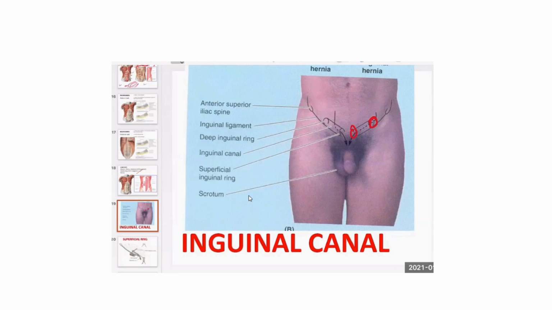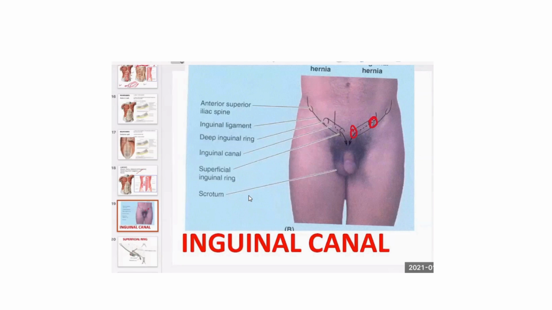Only these three muscles. It's an oblique passage on the lowermost part extending from superficial inguinal ring to deep inguinal ring. Superficial inguinal ring is on external oblique aponeurosis. Deep ring is present on the aponeurosis of transversalis fascia. It is a fascia present deep to the third muscle.